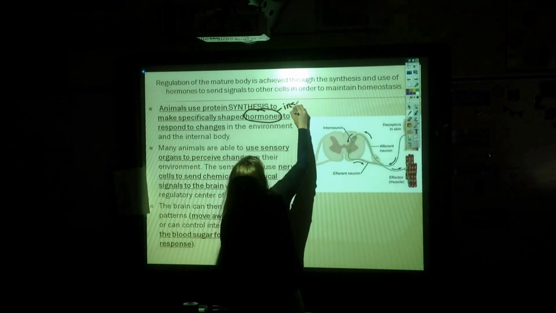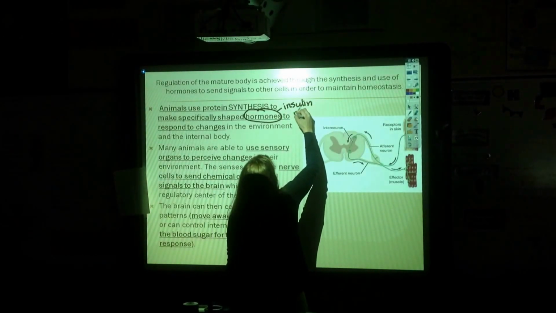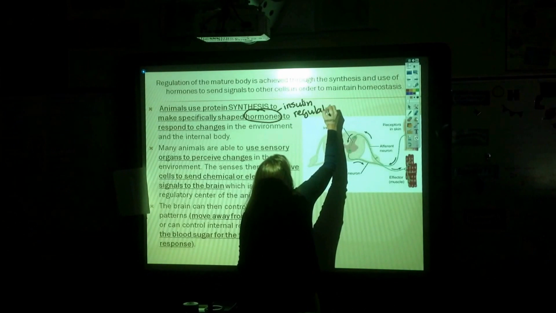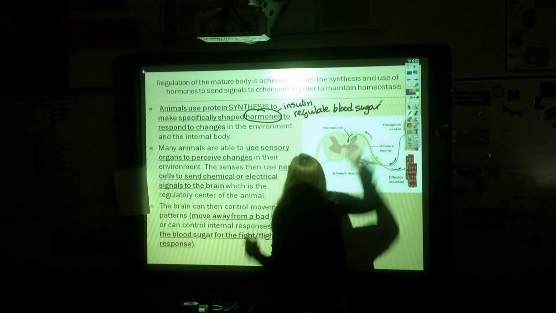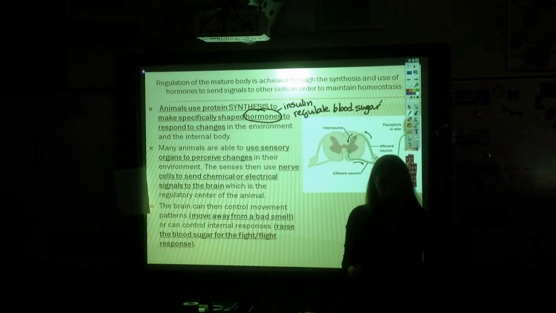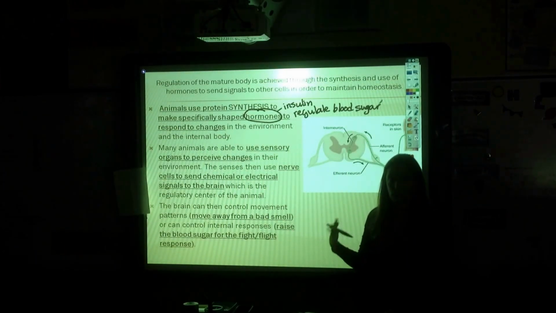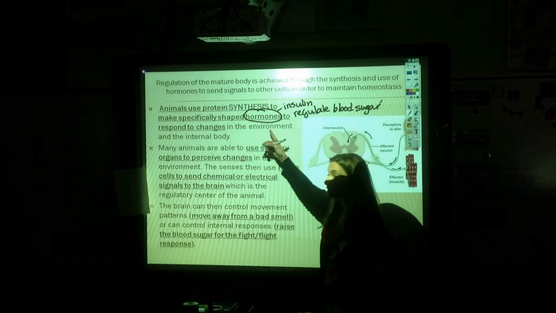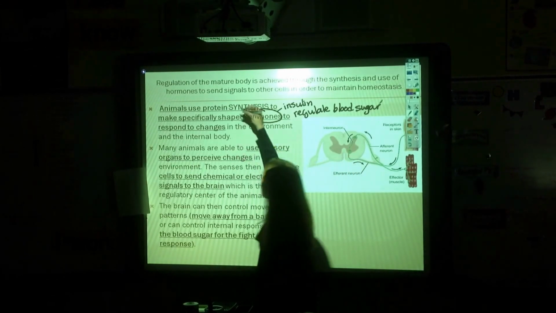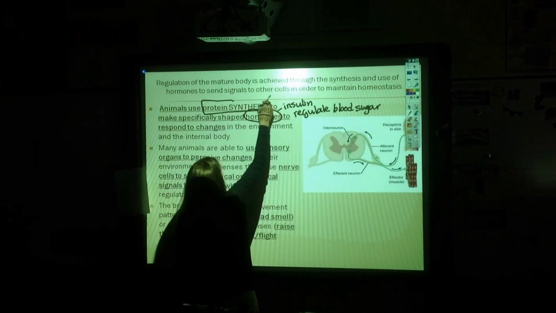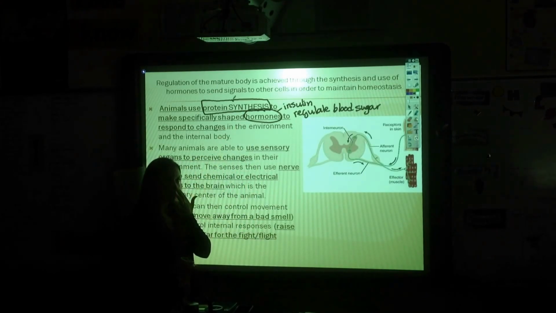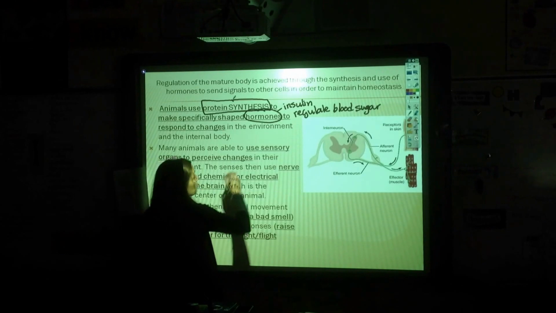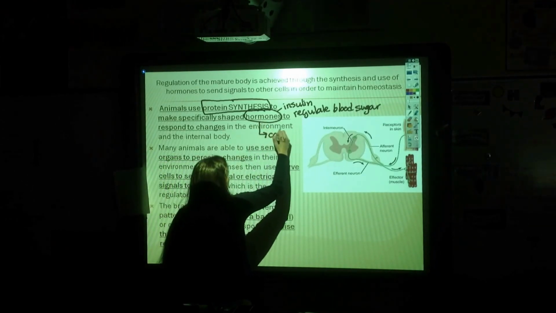An example of a hormone is insulin. Insulin is there to regulate blood sugar. So the animal body has to make insulin or synthesize insulin to control blood sugar. And so when we talk about synthesis for animals, we're mostly talking about protein synthesis or making proteins, mostly hormones, which help communicate. Remember, the job of a hormone is to communicate.